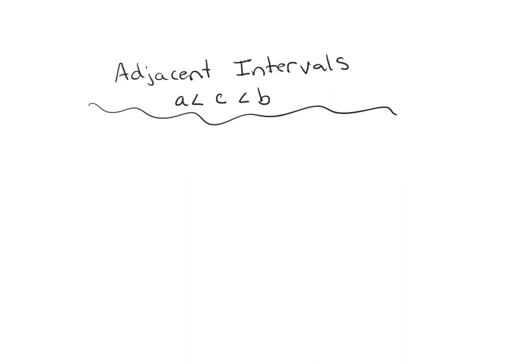Okay, the next property is called adjacent intervals, and this is if there is a point C that lies in between A and B on the interval. So if you have the integral from A to C, and we're adding the integral from C to B, notice we're ending at C here and then we're starting at C here, so there's no gap.